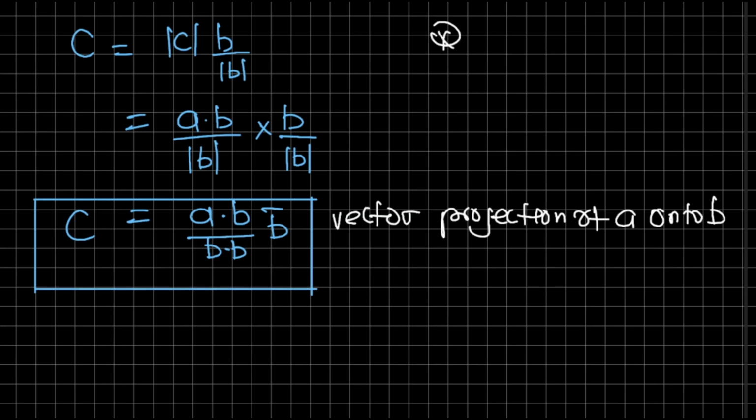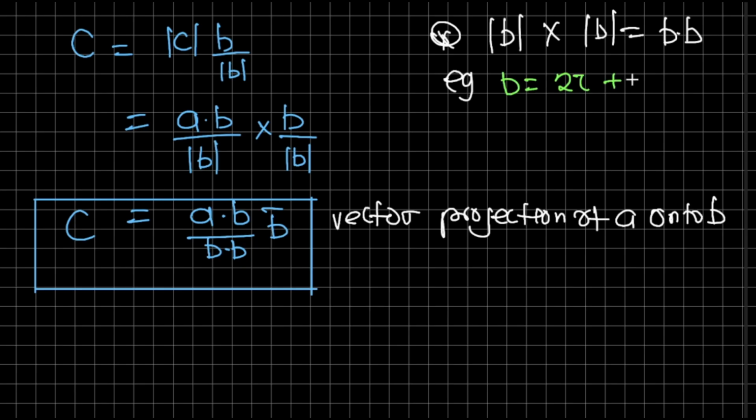The reason why it is so is because magnitude of B times magnitude of B is equal to B dot B. For example, if we let B equal 2i plus 4j, let's do B dot B. B dot B is 2 squared plus 4 squared, which is 4 plus 16, so that's going to be 20.